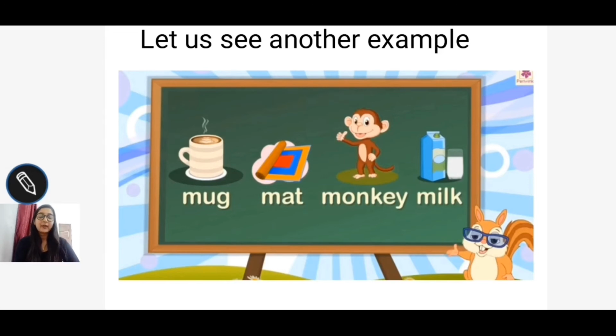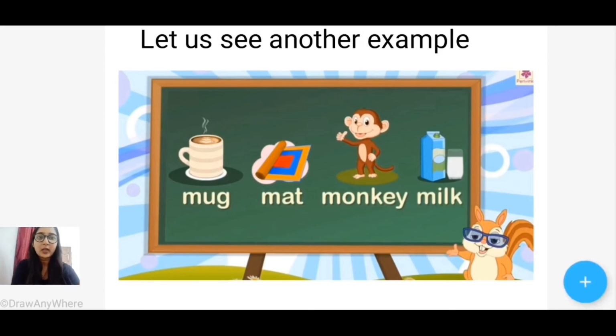So when the first letter of the words is the same, we will look into the second letter of the words. So now we will concentrate on the second letter, that is U in mug, A in mat, O in monkey, and I in milk.